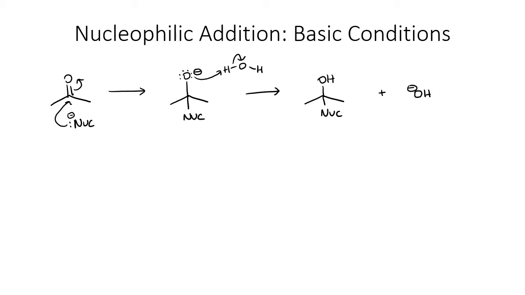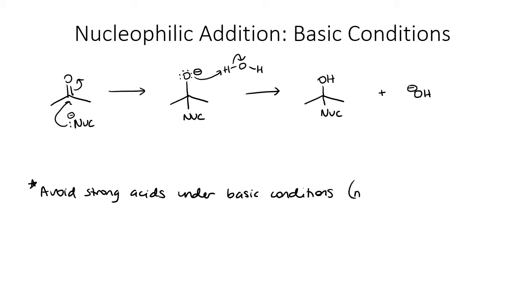Now with mechanisms under basic conditions, it's very important that we avoid strong acids. So in general, a strong acid would mean H3O+. So we want to make sure to avoid forming or using H3O+ when we are working with a reaction under basic conditions.